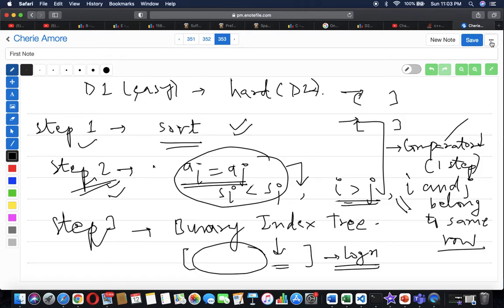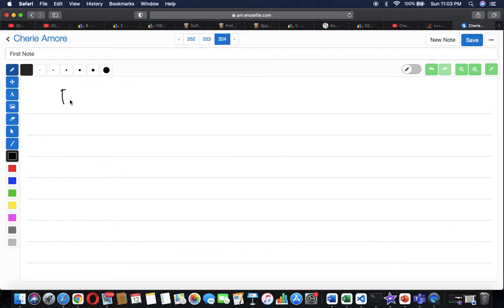What I mean to say is that in D1 we were quite satisfied that if ai is equal to aj, then you can always apply one condition: for a higher index, maybe if j is the higher index, then place j before i.